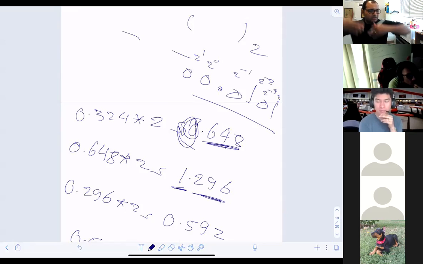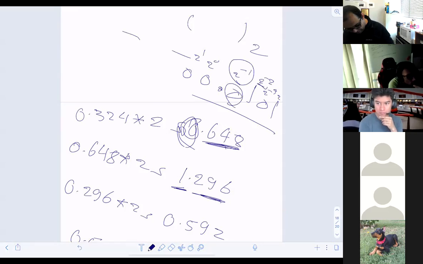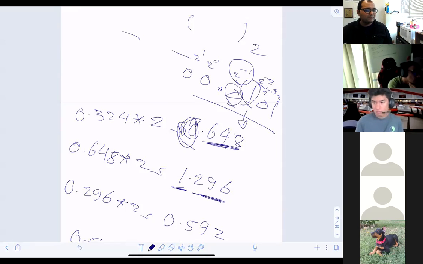So you're going to make it weighted: 2 power minus 1 times 0 plus 2 power minus 2 times 1, and so on. So for instance, this is actually 0.25 for us. That makes sense? Yes. Any other questions?